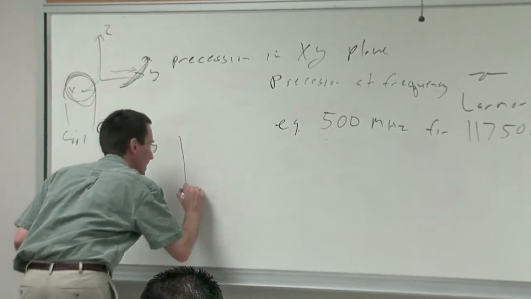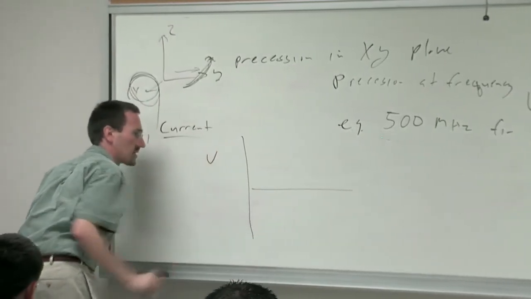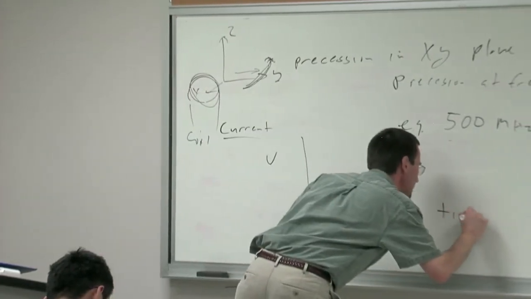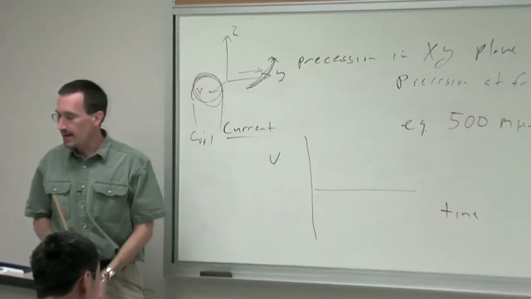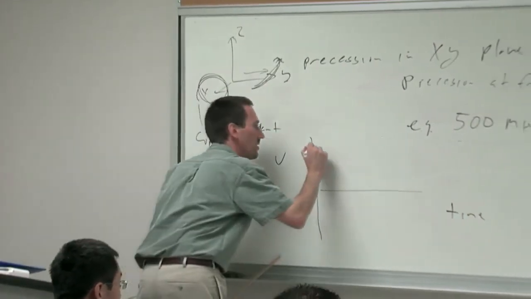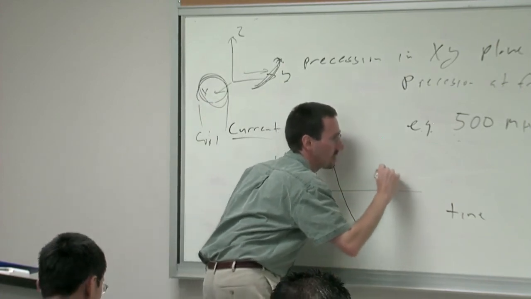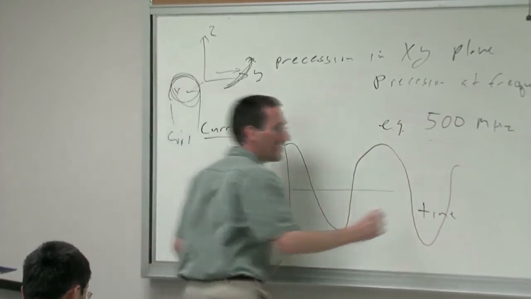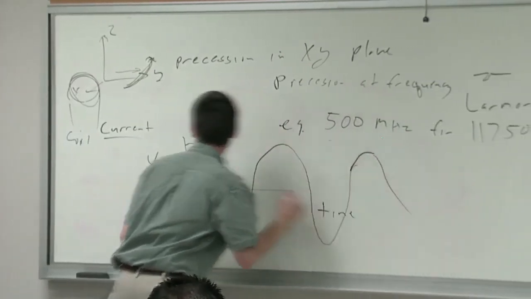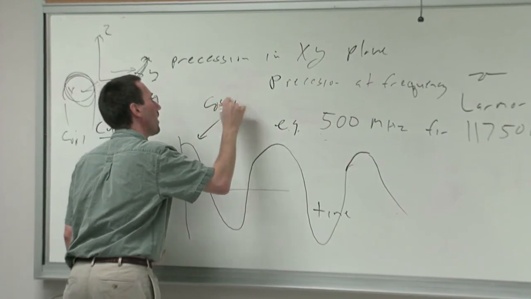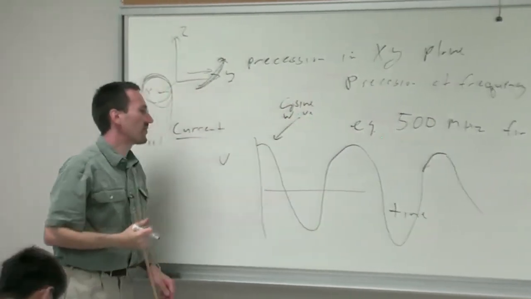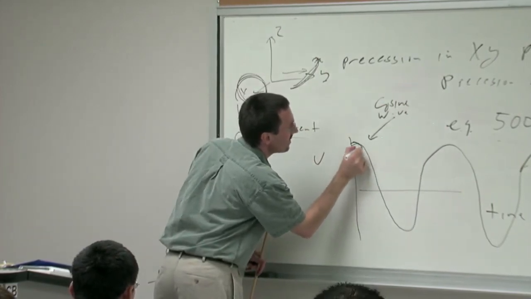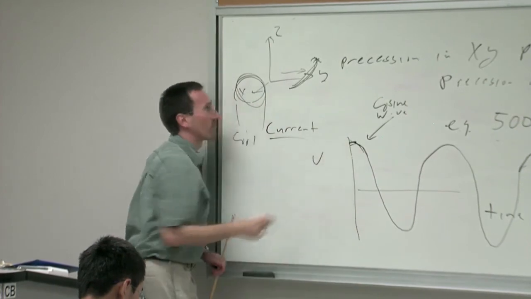And so the current looks something like this. On the x-axis, I'm going to plot voltage. And on the y-axis, I'm going to plot time. And an AC current is simply the voltage oscillates in a sinusoidal fashion. So we get this cosine wave, and it goes on. You can call it a sine wave if you want. And technically, I guess I should be at the peak of my wave right here.